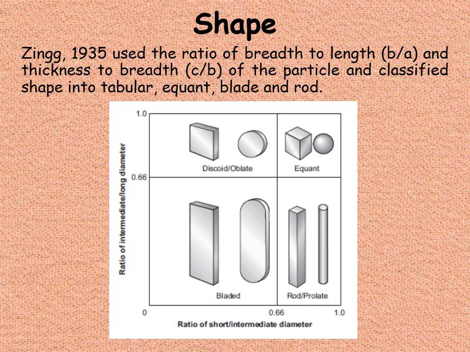In the bottom left, this type of shape is known as bladed. So what is the difference between bladed and oblate? In bladed, you can see that one axis has an extremely high value, the second is intermediate with respect to the higher one, and the third axis is extremely narrow, like a shaving blade.